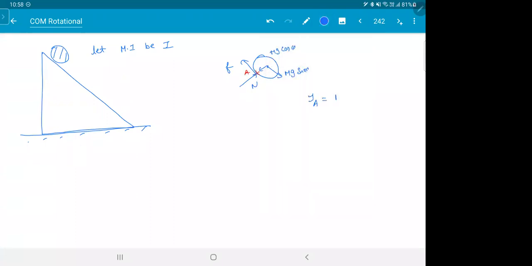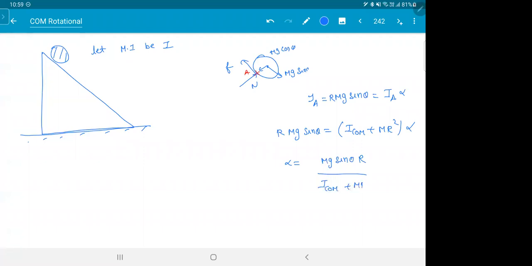So torque about A is mg sine theta times R equal to I_A into alpha. What is I_A? I center of mass plus mR squared, parallel axis. So we get alpha is mg sine theta R over I center of mass plus mR squared.